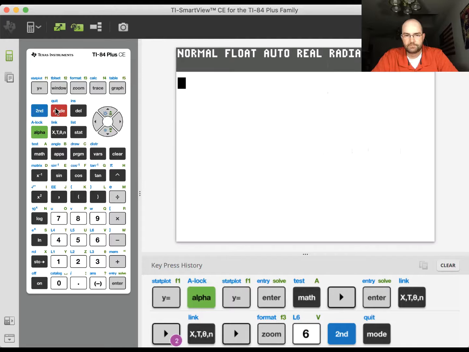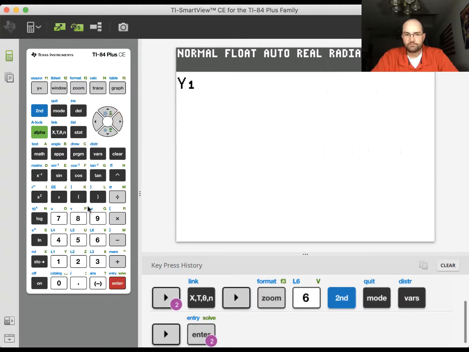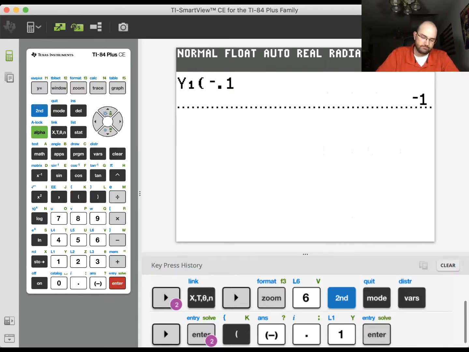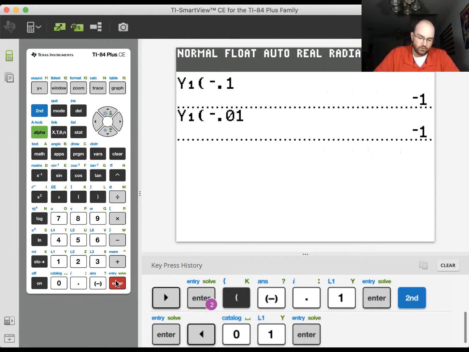Okay. So let's go to vars, right, 1, enter, just to see that this works. Negative 0.1 should give us negative 1. It does. Awesome. So negative 1, good. Do this again. Negative 0.01 gives us negative 1, because everything to the left of 0 should be negative 1.